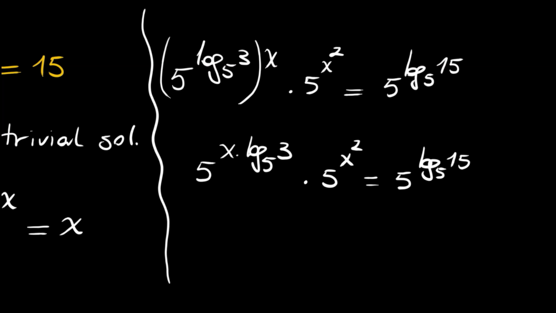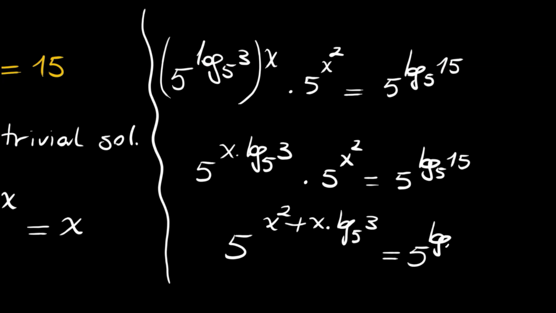Now, since the bases are the same, we can add these powers and write 5 to the power of x squared, let's write the second degree first, plus x times log base 5 of 3, is equal to 5 to the power of log base 5 of 15.